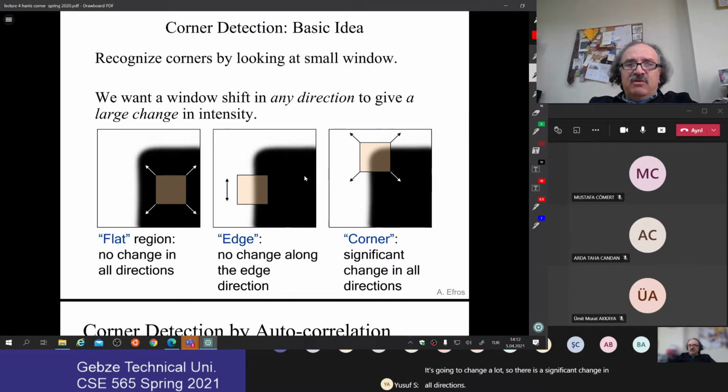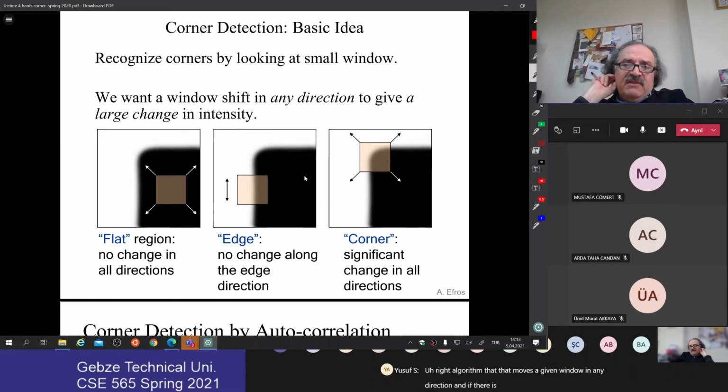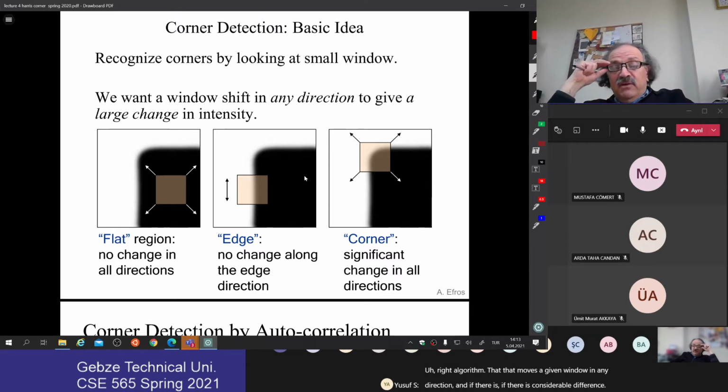That's what we are going to run as an algorithm. If I ask you to write an algorithm that moves a given window in any direction, and if there is considerable difference between these windows, you would say this is a distinctive point.